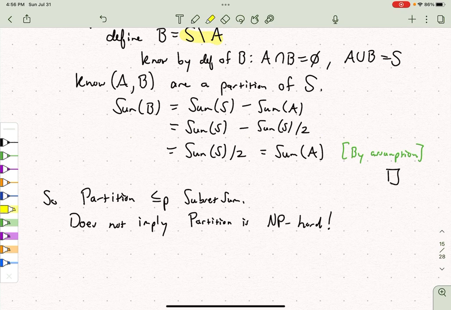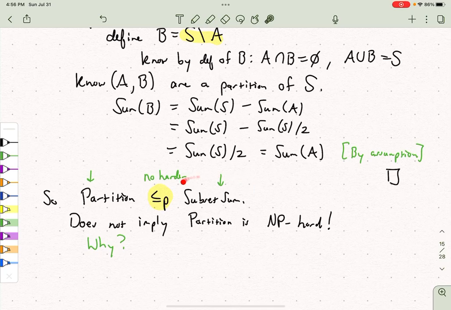Why? Well, remember, you want to think of the less than or equal to as saying this problem is no harder than this problem. And so what we said is partition is no harder than a hard problem. So that doesn't really tell us anything.